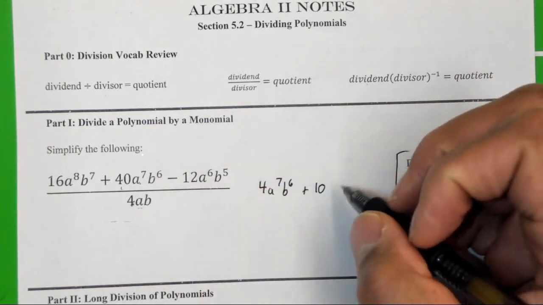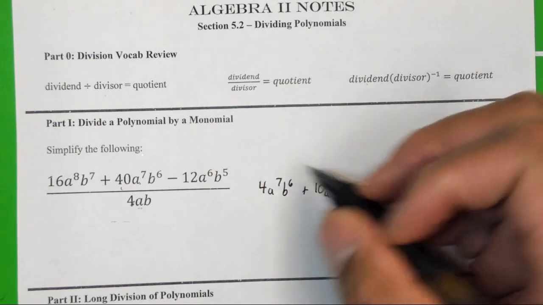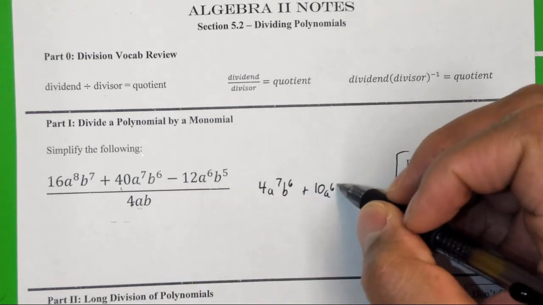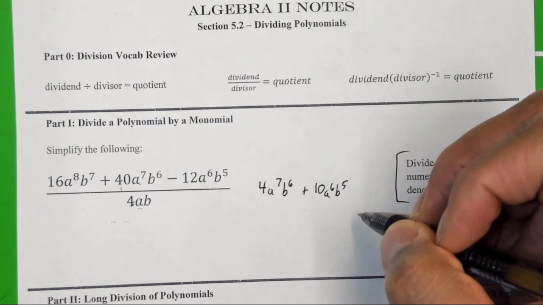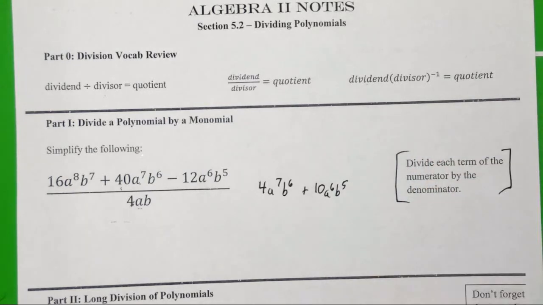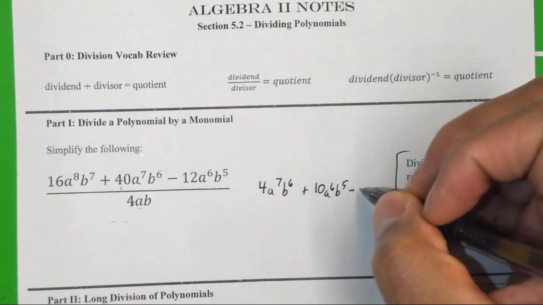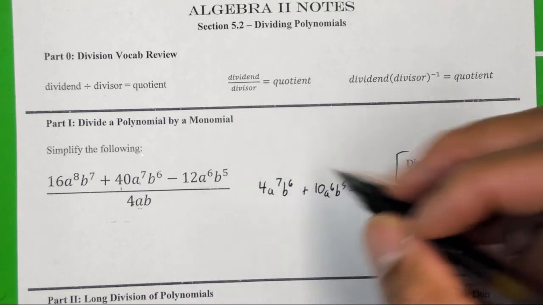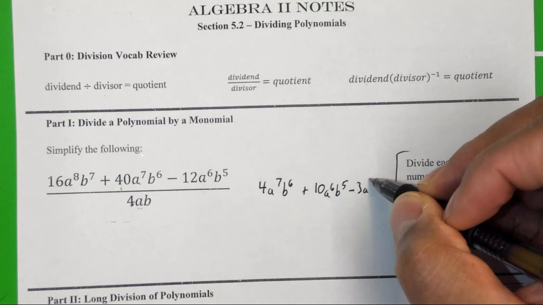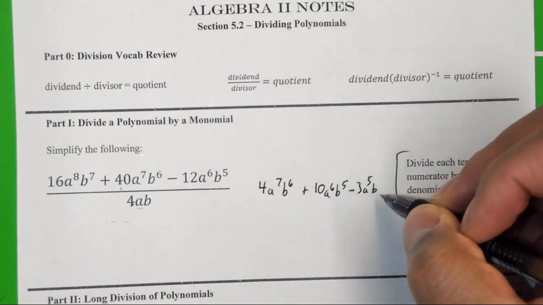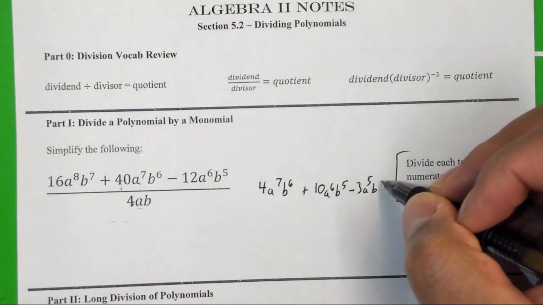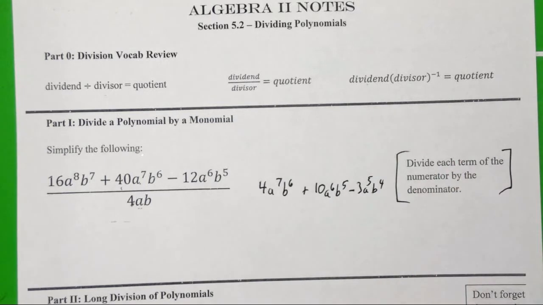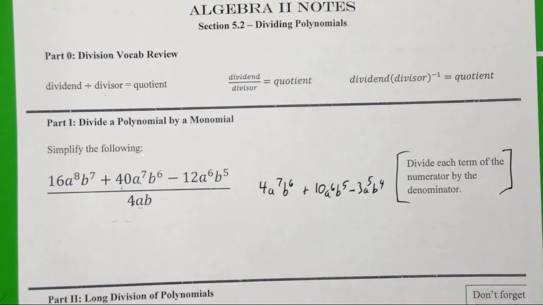A to the 7th over A to the 6th, B to the 6th over B, B to the 5th. Hopefully that matches your second term. And then finally, we get negative 12 over 4, which is negative 3, A to the 6th over A to the 5th, and B to the 5th over B, B to the 4th. Okay, so hopefully you guys were able to get that one.